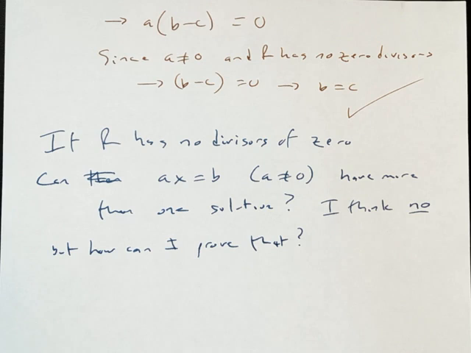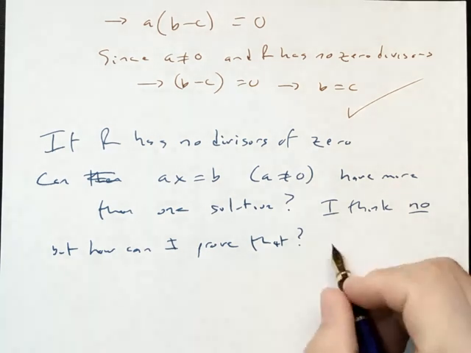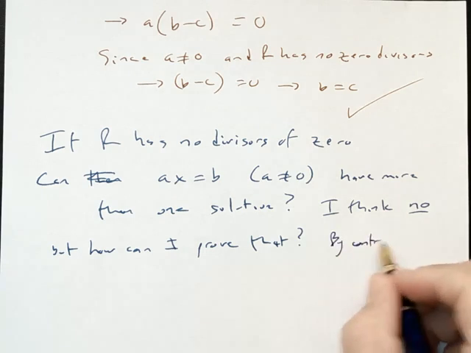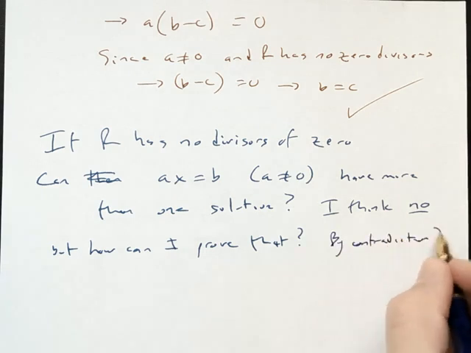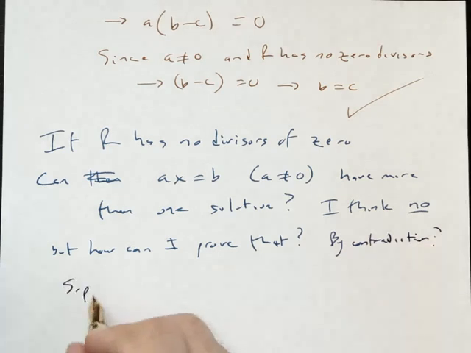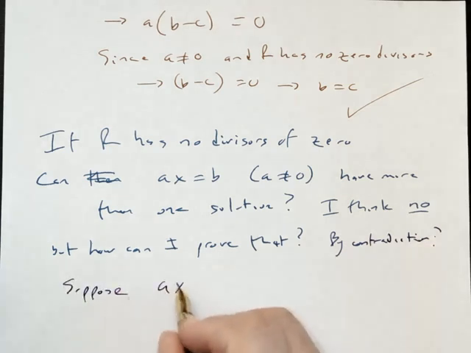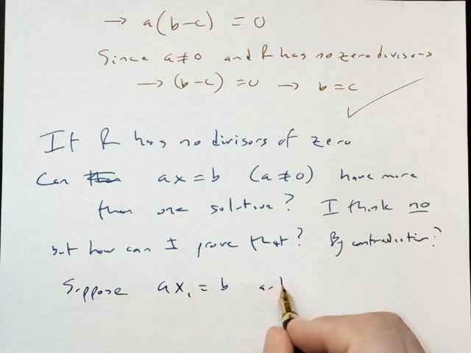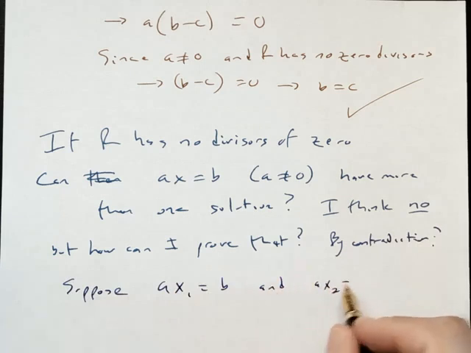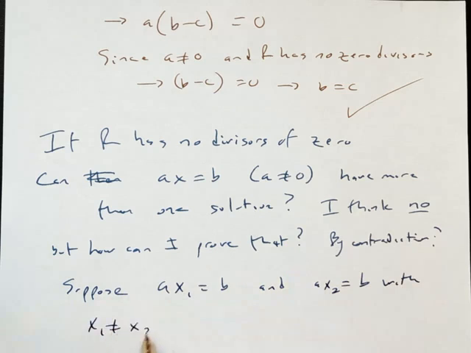I want to show that I can't get 2. So let's suppose we had 2 solutions, and they're different.